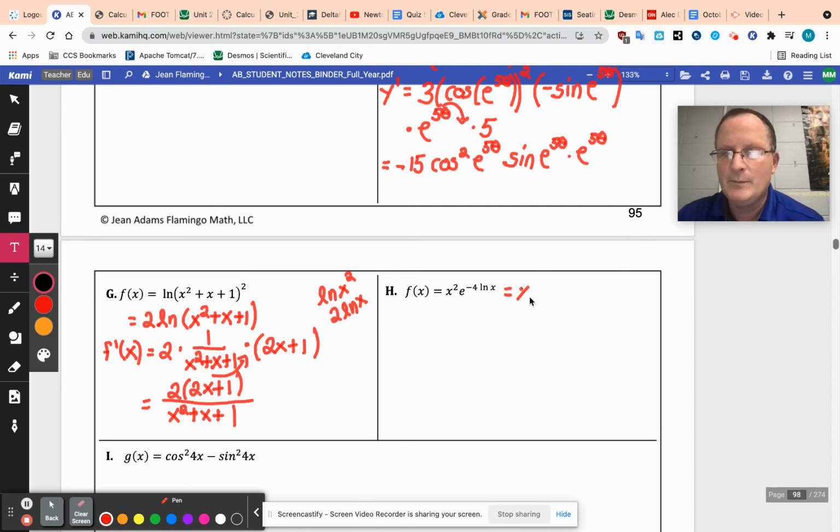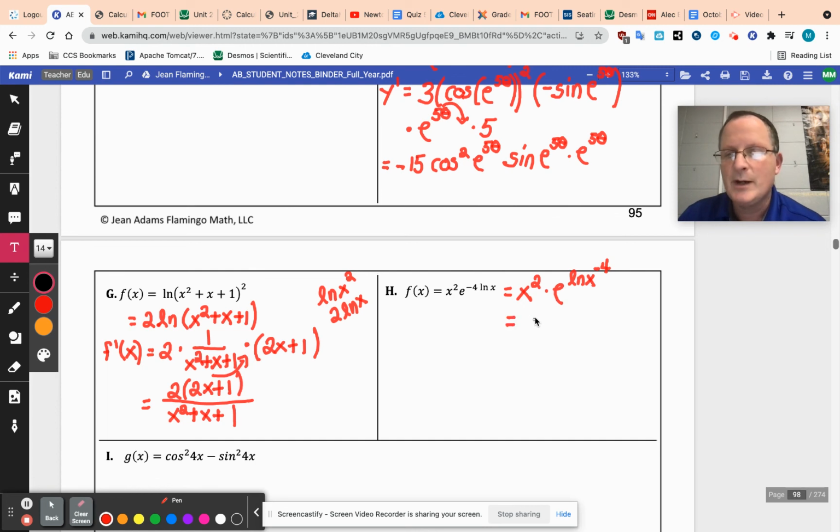This is x squared times e to the logarithm rule, natural log of x to the -4. That's pretty cool, because e to the natural log of x to the -4 is just x to the -4.